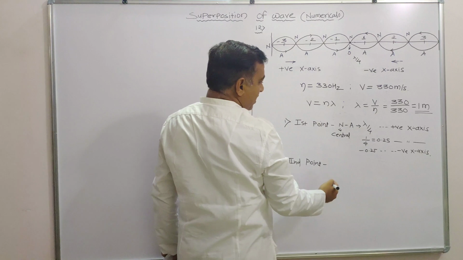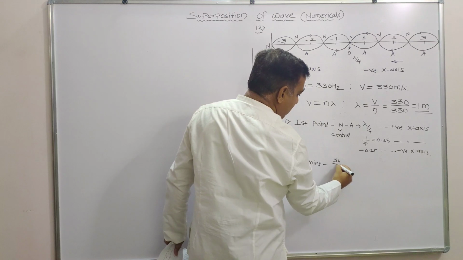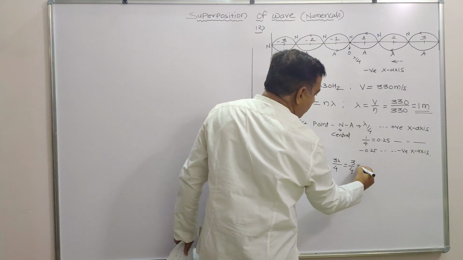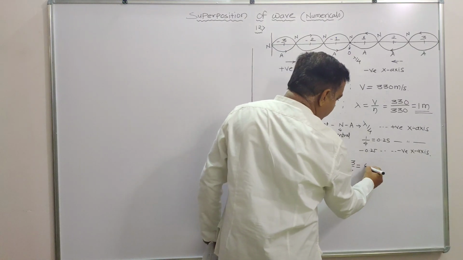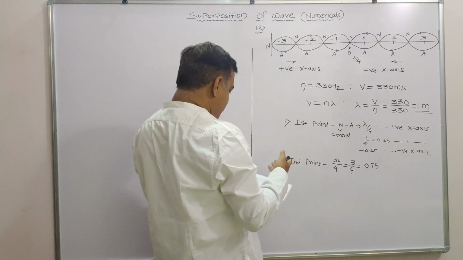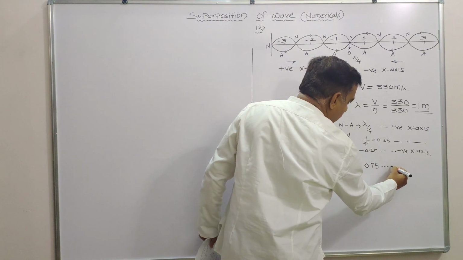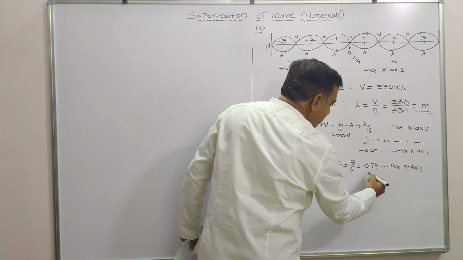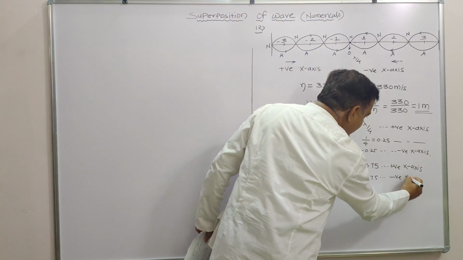It is at a distance of 3 lambda upon 4, which means 3 by 4, that is 0.75, along the positive x-axis. And what about the negative x-axis? That is 0.75 along the negative x-axis.